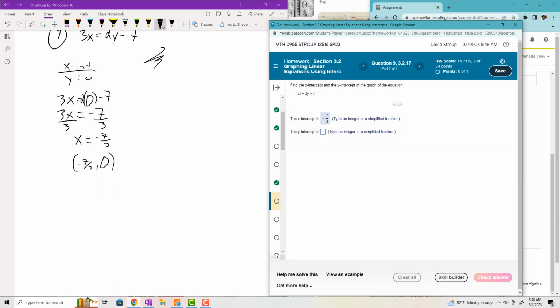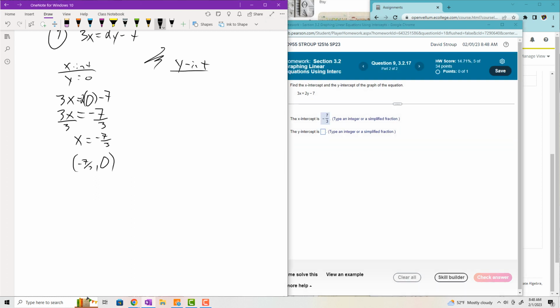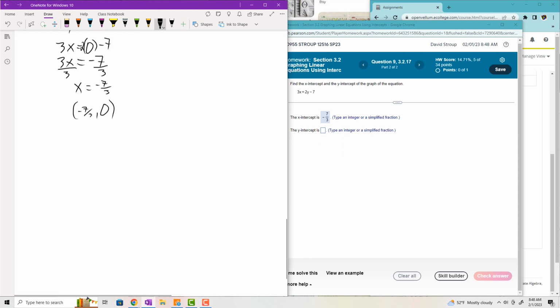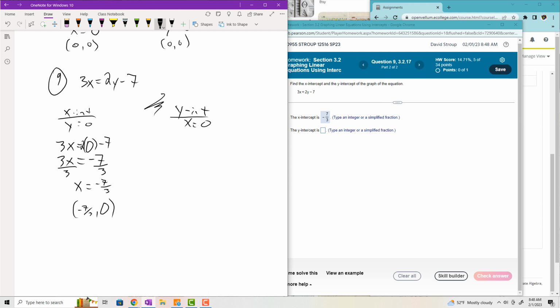And the other character for the y-intercept, you always let x equal 0. So you're plugging 0 into my equation, which I've lost. There it is. So you get 3 times 0 equals 2y minus 7. 3 times 0 is 0. I want to solve for y. So I'm going to move the 7 over.